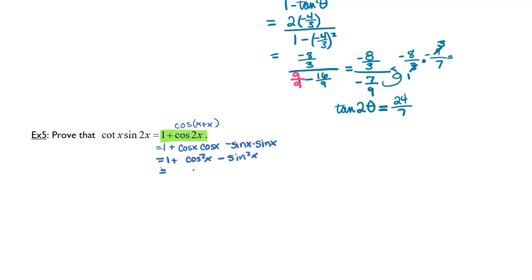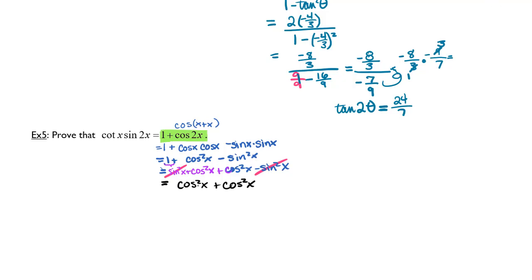I'm then going to rewrite that as a replacement of 1 with the Pythagorean identity on the other side, which is sine squared x plus cosine squared x, plus cosine squared x minus sine squared x gives me the ability to cross out the sine squared x's. At this point, I will have cosine squared x plus cosine squared x.